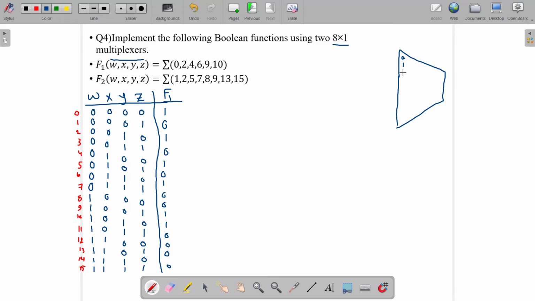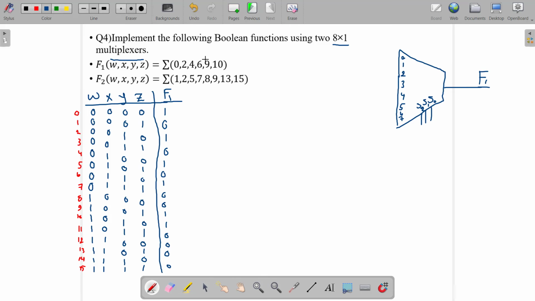0, 1, 2, 3, 4, 5, 6, and 7. We know that we have 3 selection lines, S0, S1, and S2, and also we have 1 output as F1.